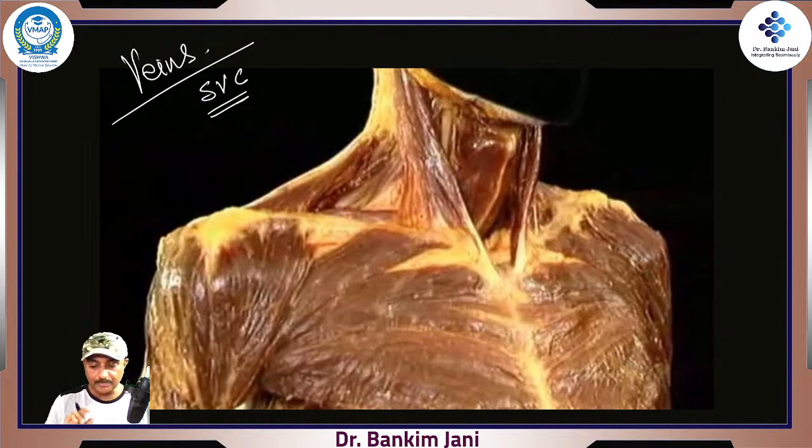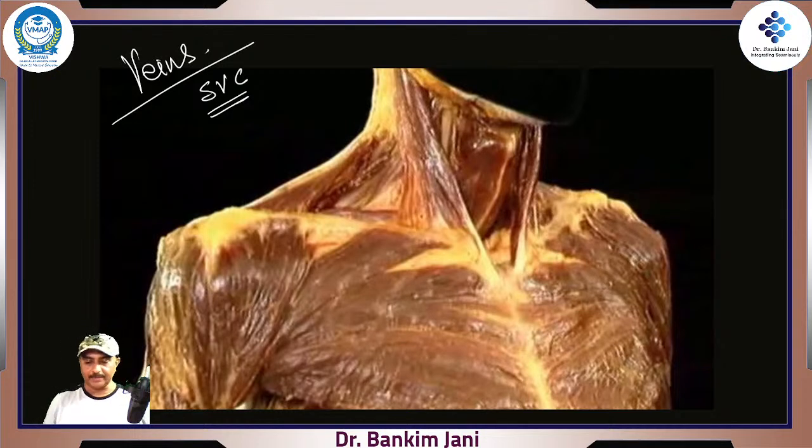Now see, the superior vena cava is a vein, and a vein has tributaries. They form like a river: all those veins join each other and become bigger and bigger. Arteries have branches, so they divide and become smaller and smaller.